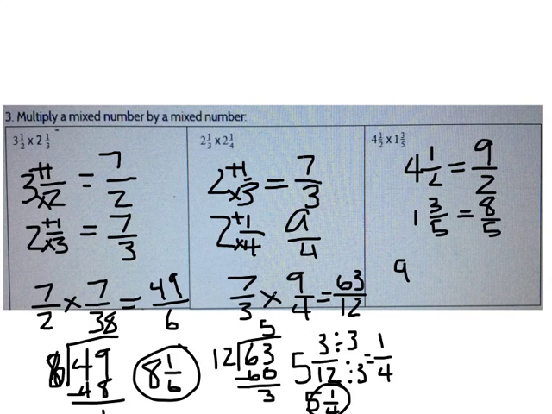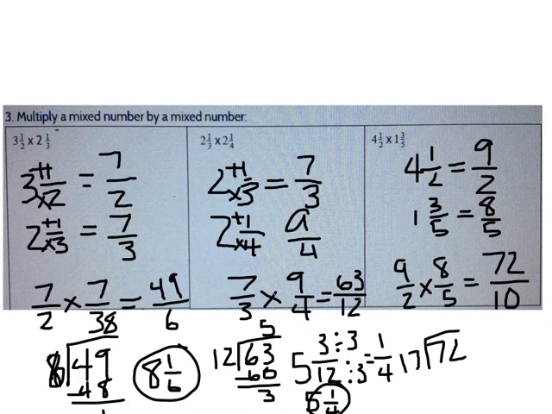When I multiply 9 halves times 8 fifths, I get 72 over 10. 10 goes into 72 7 times, with 2 left over. So I get 7 and 2/10. That's the same as 7 and 1/5.